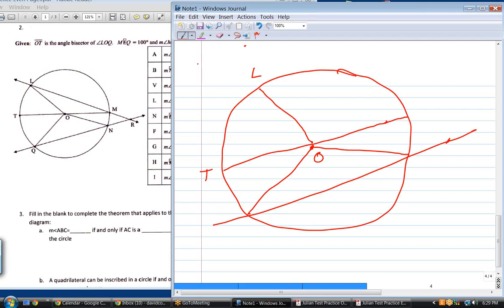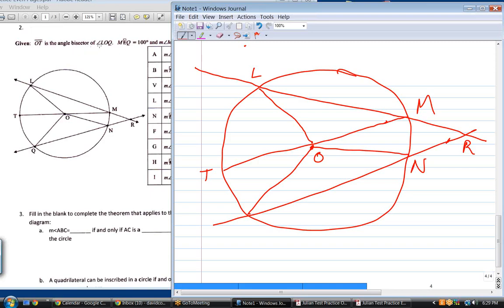It's got to go through L. It's got to go through M. Like that. Okay. This is N. That's R. All right. Do we have the picture drawn right? I think we do. Okay, now let's label it.